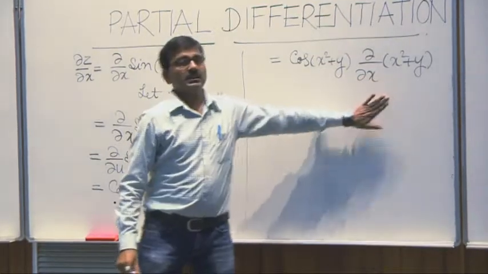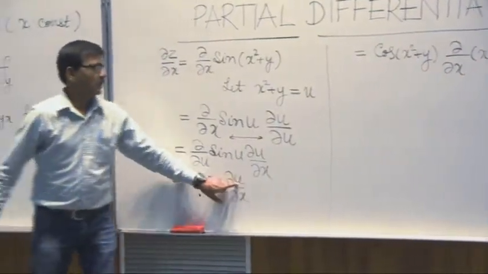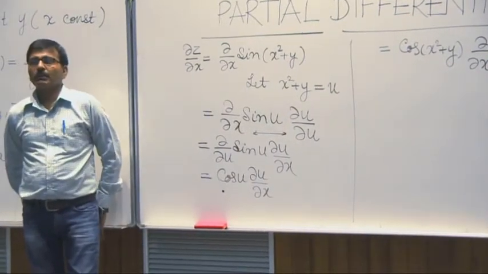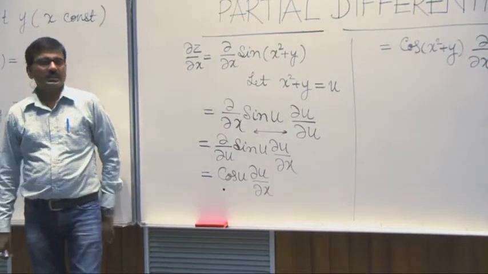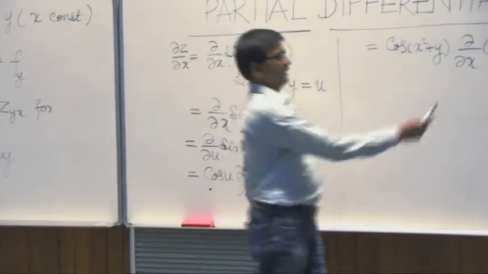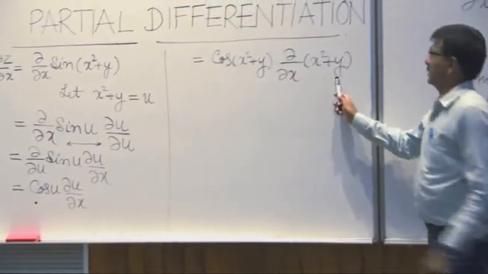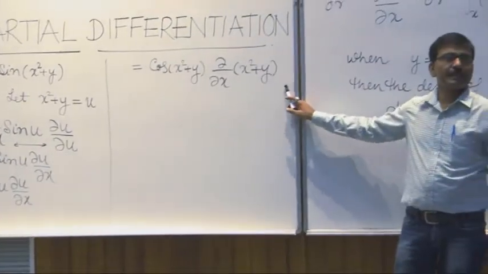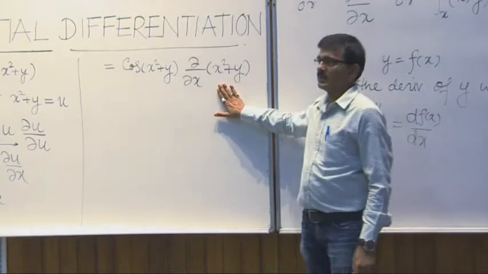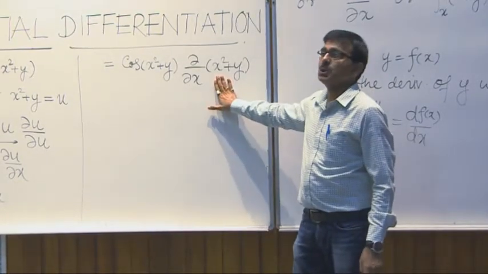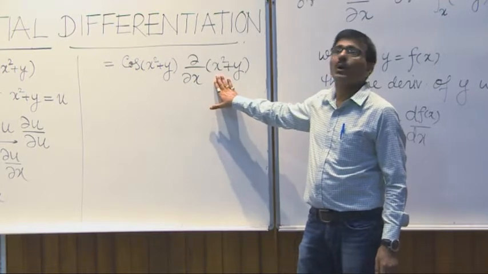Now this was your x square plus y. Understand everyone? This was our u. So in place of u, we are now putting x square plus y. And I think you all know the differentiation of this thing. Just think, you are differentiating with respect to x. Y is a constant.